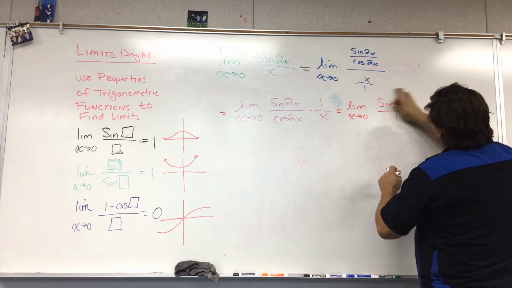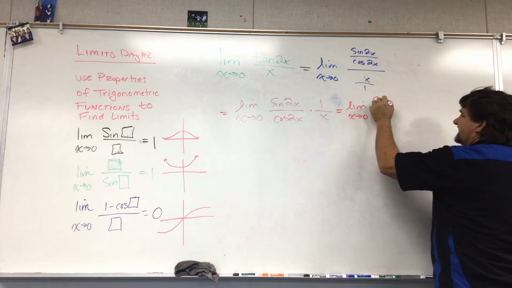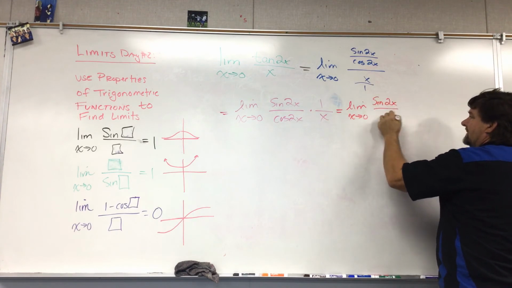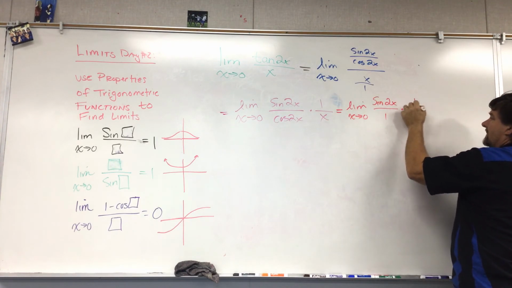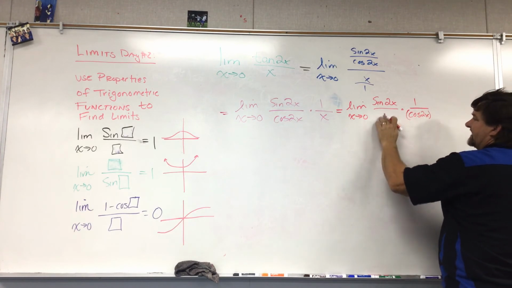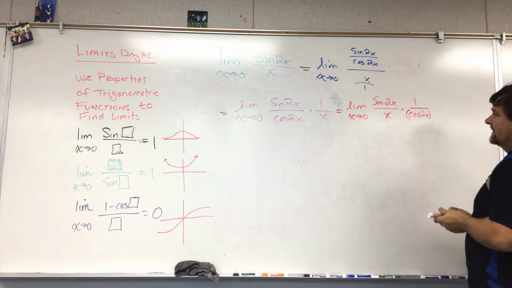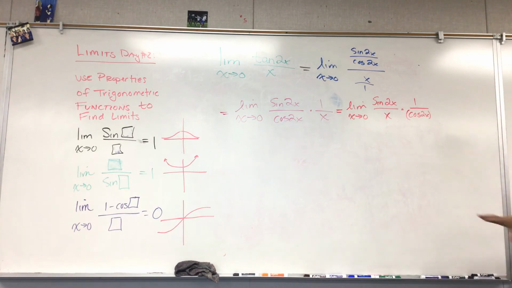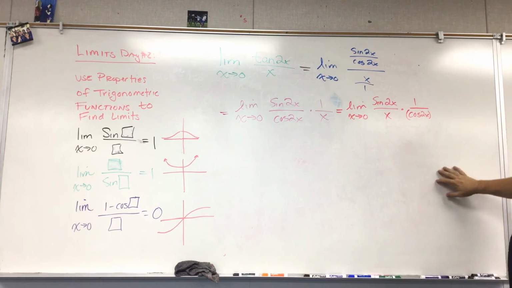This is a little tight. I'll write it smaller because I got a feeling I'm going to run out of room. Oops, I'm going to move the x over here. Here we go.